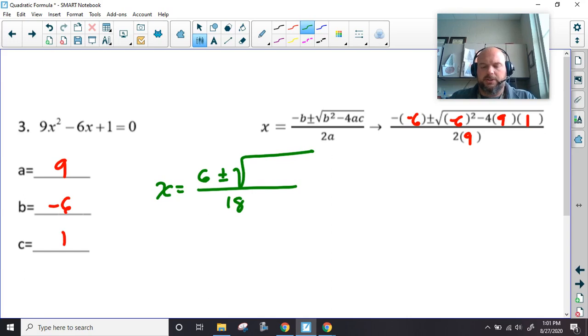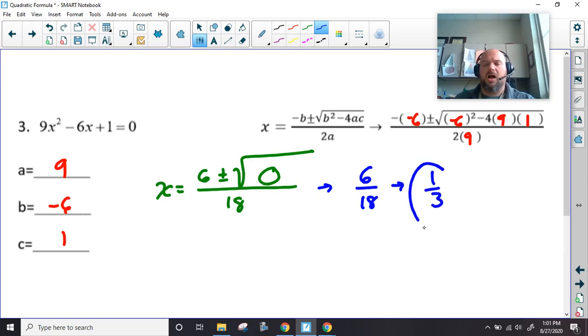So -6 squared minus 4 times 9 times 1. We get 0. That's even better because now all I have to do is simplify 6 over 18, which is 1/3. Oh, awesome.